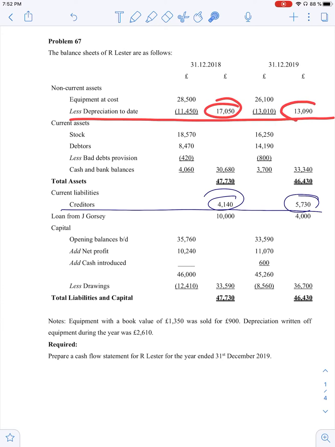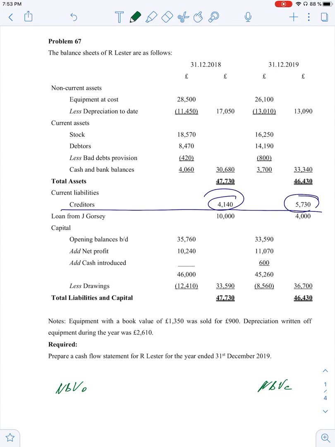These figures, amounts, are the net book value of equipment. So let's try to create an equation helping us to understand whether something was bought. Basically, net book value opening and net book value closing, other factors being equal, should differ by the amount of depreciation charged.